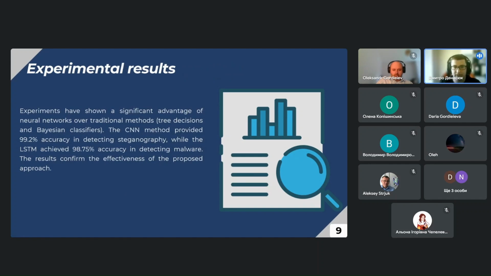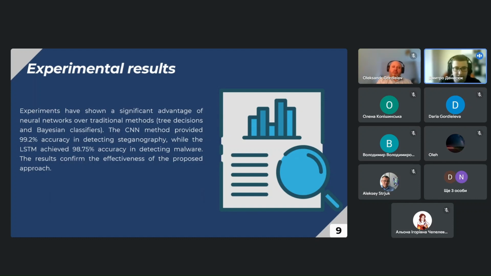The experiments compare the effectiveness of the proposed methods with traditional approaches such as decision tree and Bayes classifier. For steganography detection, CNN reaches an accuracy of 99.2%, which is significantly higher than other methods.